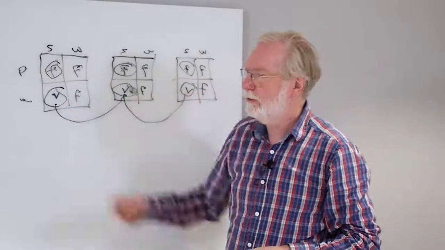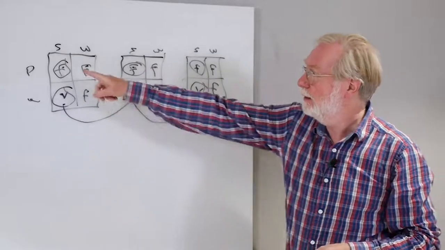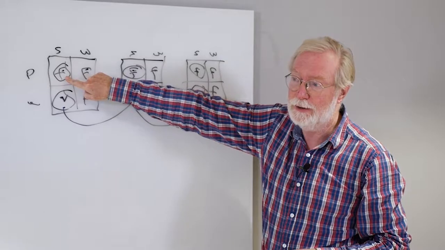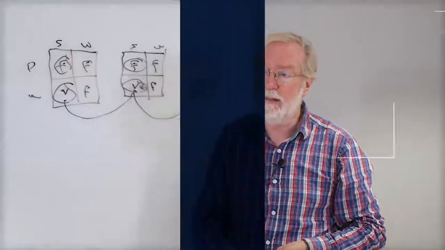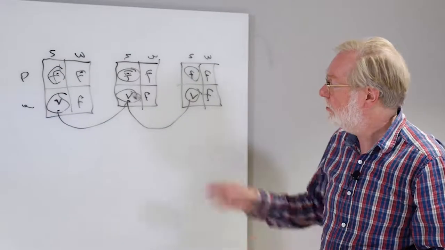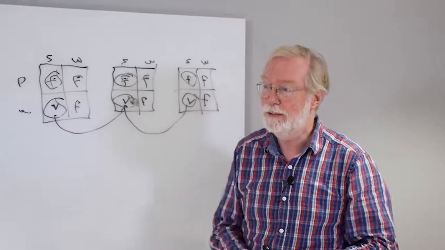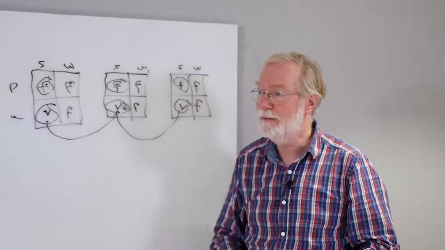If these three guys get together in an alliance, this strong guy is actually no longer strong. Because remember, in scale economies of violence, the outcome of violence, victory, defeat, depends not upon absolute strength, depends upon relative strength. So there's an incentive for these three guys to form an alliance. And then they control the valley.